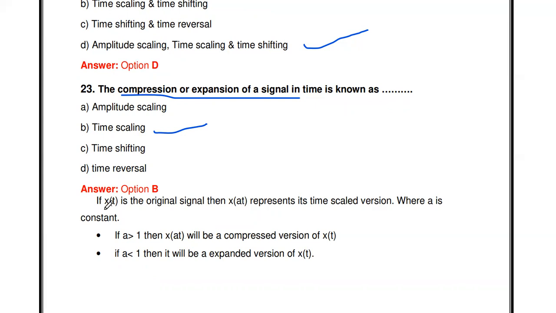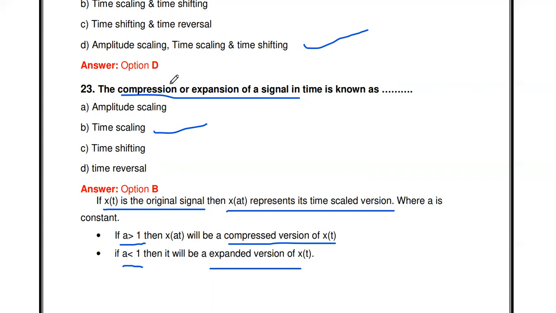If x of t is the original signal, then x of at represents the time scaled version. If the scalar value a is greater than 1, the signal gets compressed. If a is less than 1, the signal is expanded.